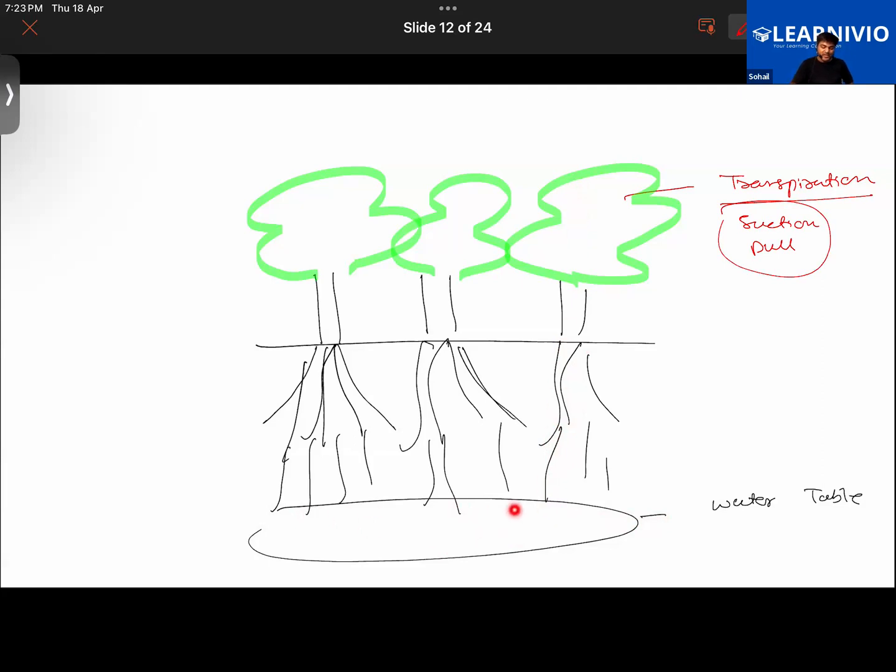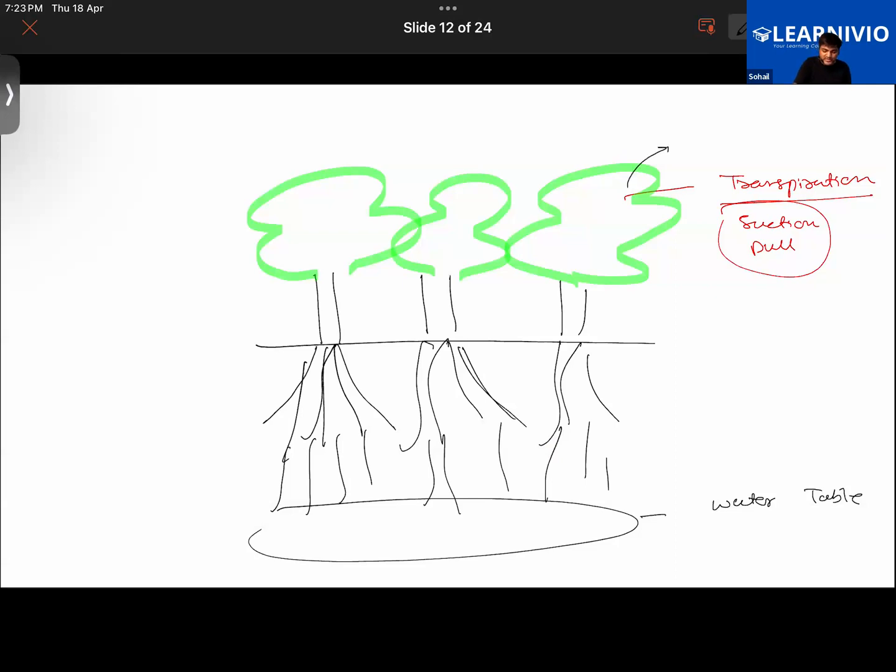So the level is maintained here. It does not go down. The water will be lost from the leaves in the form of water vapor. During the day, especially, the transpiration rate is maximum due to sunlight.